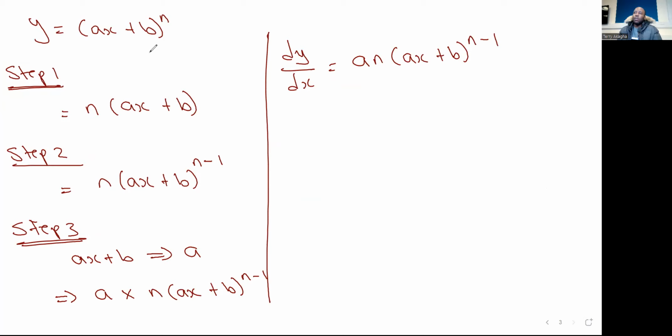Just to repeat myself, you bring the power n down, then you subtract 1 to give you this. Then what you have in the bracket, you differentiate it normally, using the power rule with constants.